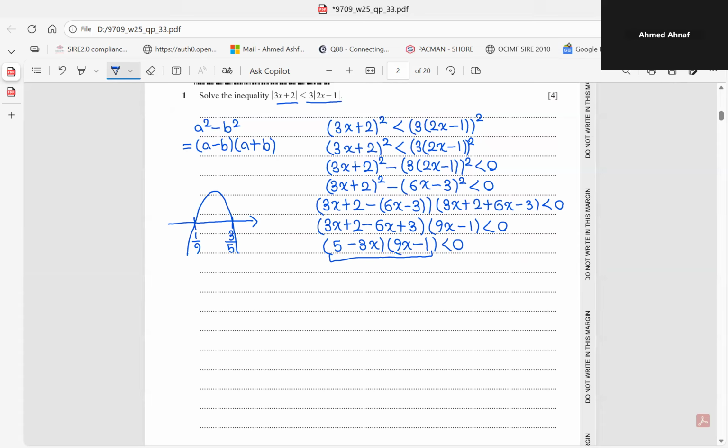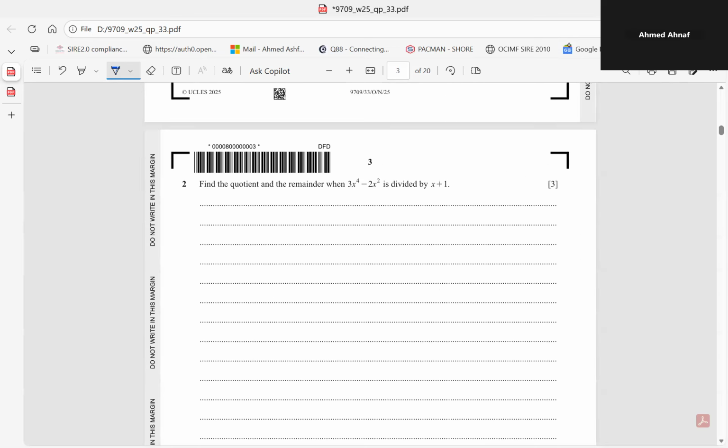Here it says less than 0, so we need to look below the x-axis. This means that this would be our region of interest, and hence we can say that x is less than 1/9 and x is more than 3/5. So this would be our final answer for this first question. Let's head on to the next question.